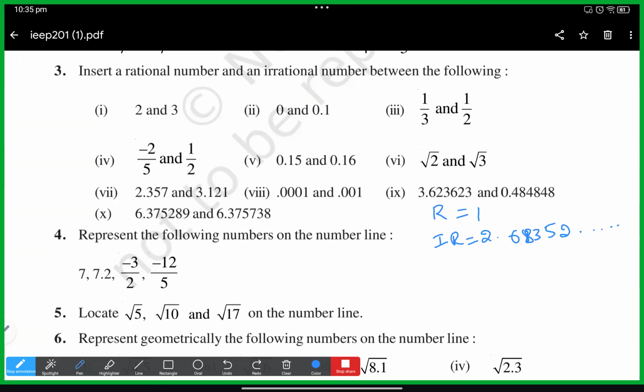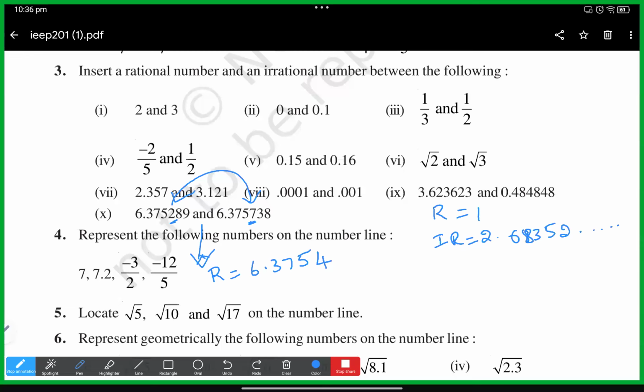Yes, Pranavi, that is correct. Then the 10th. So for the rational number, we can take 6.3754. Yes, Pranavi. This digit is 2 here and this is 7. In between 2 and 7, we have 3, 4, 5, 6.